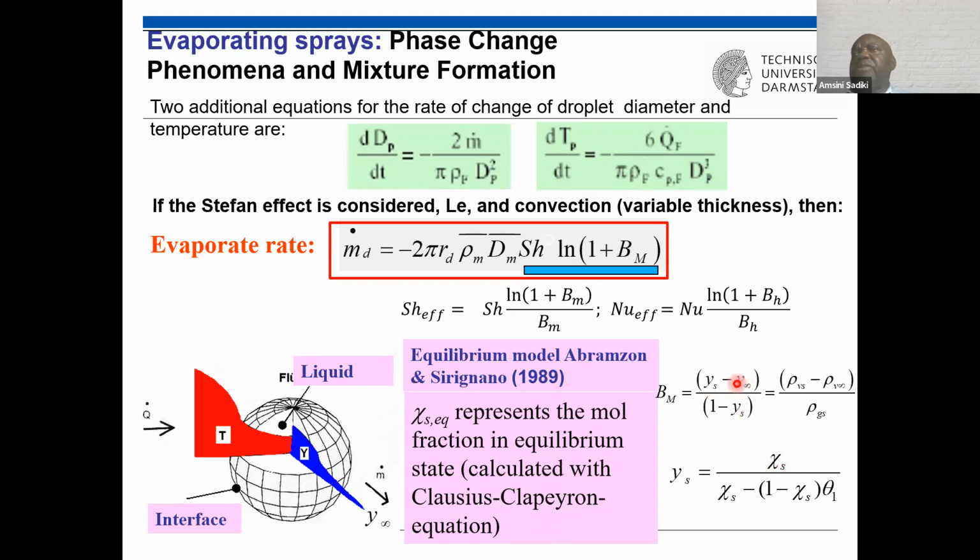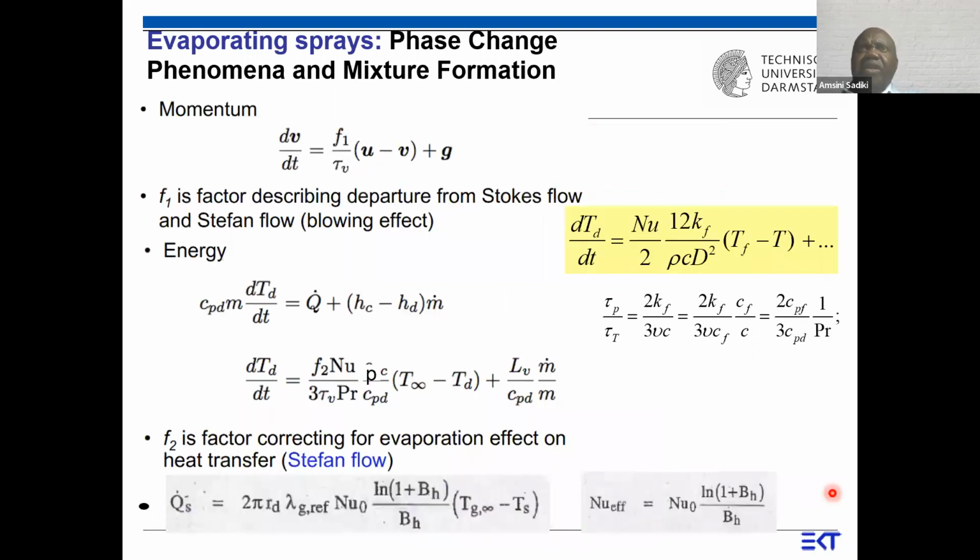This is derived by the gas flow calculation, the carrier phase flow calculation. But this can also be calculated by this expression, as we have introduced before. This is the ratio of different capacity terms. To sum up, we have the momentum equation.